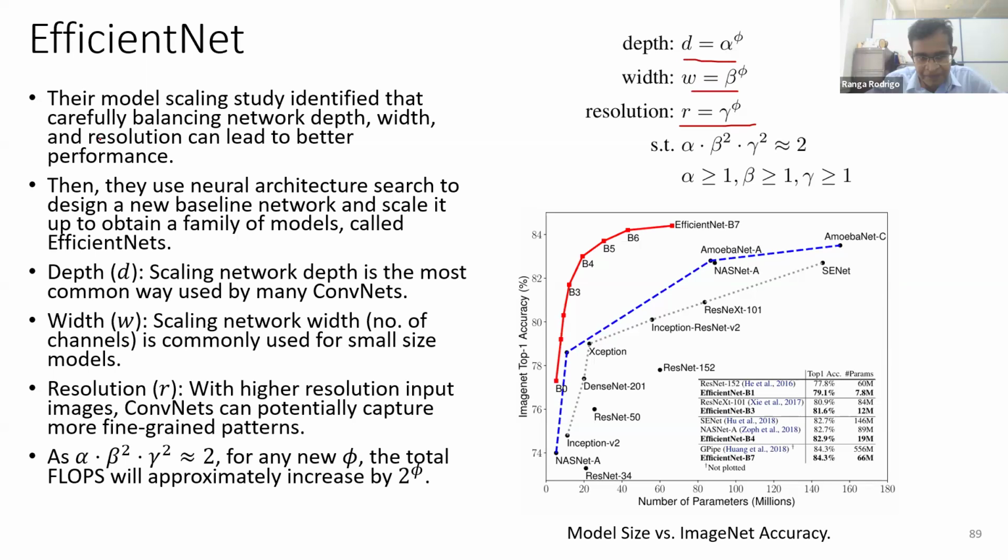Depth is the number of layers. Width is the number of channels. Resolution is the spatial size of the images. So they had some rules, and you can see these EfficientNets perform very well with a low number of parameters.